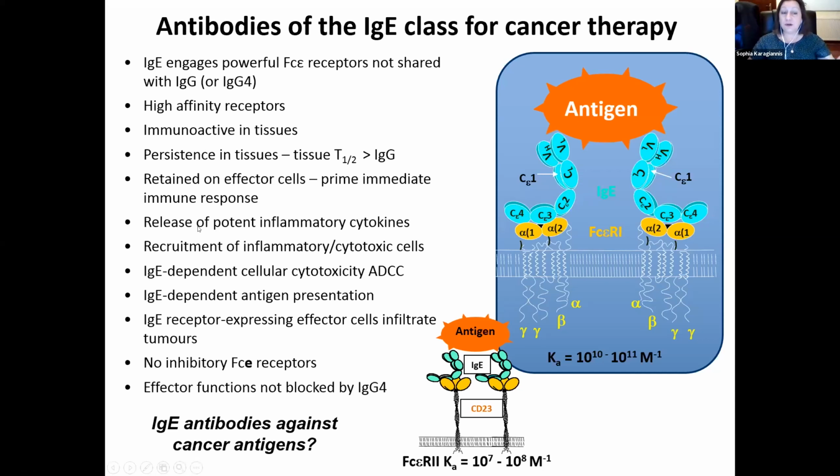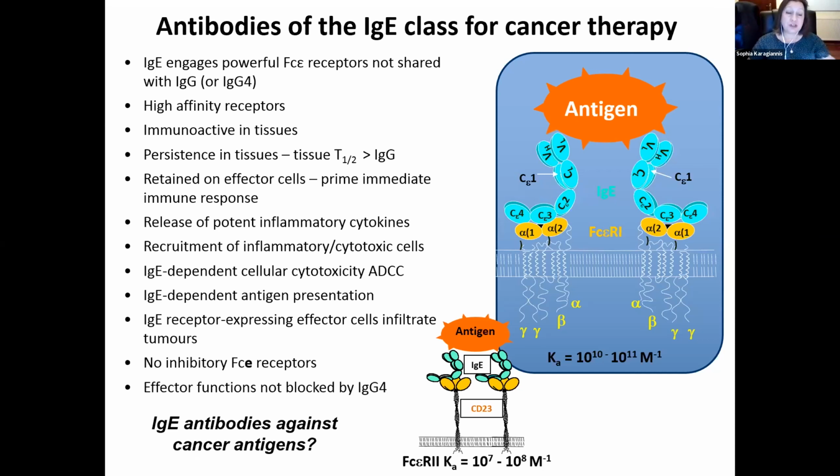Also, IgE antibodies are known to be potent inflammatory mediators of immune responses, triggering inflammatory cytokine release and recruiting immune cells in tissues, and they're known to trigger classic effector functions such as ADCC and ADCP, cytotoxicity and phagocytosis against parasites. And we know that they're very potent triggers of antigen presentation, and the resulting immune response is not just an IgE, but also an across the board IgG spectrum response as well.